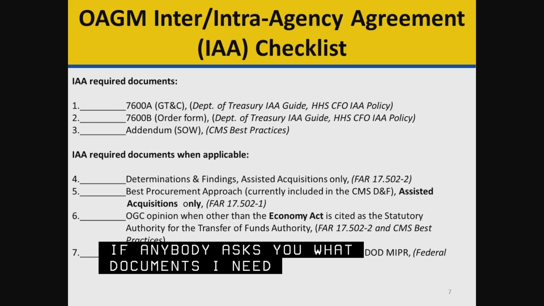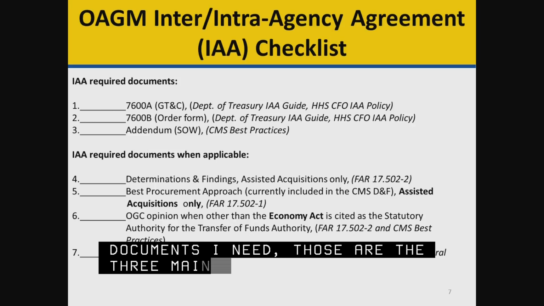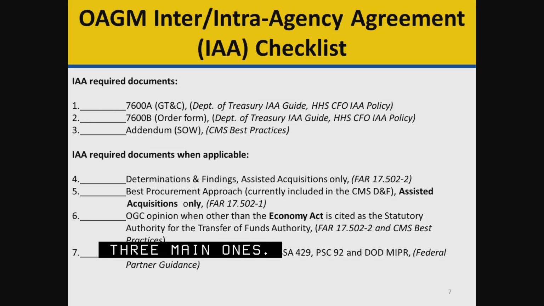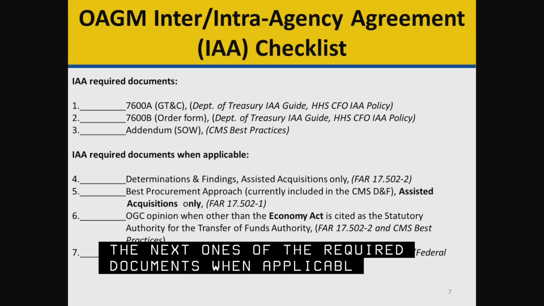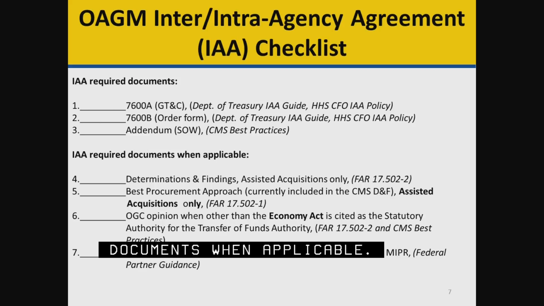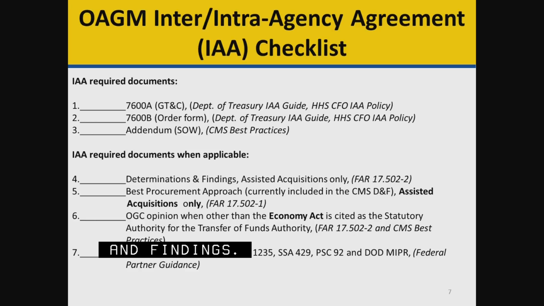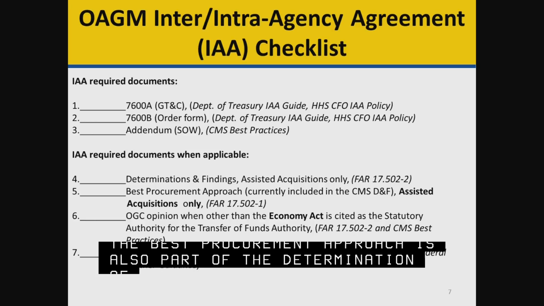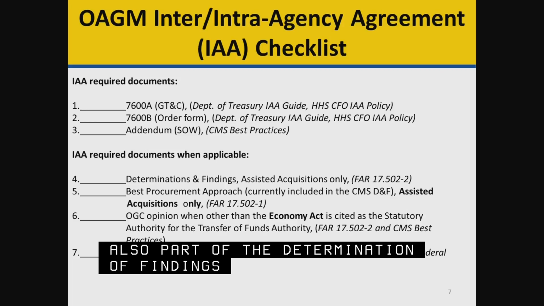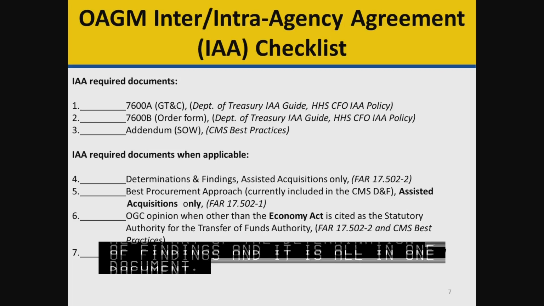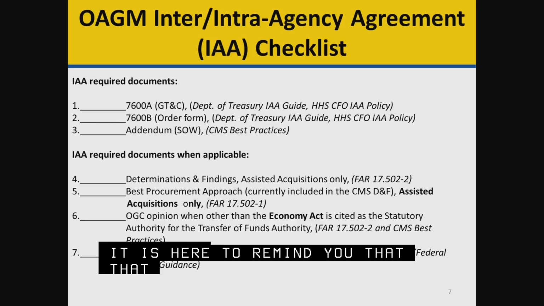Now the next ones are the required documents when applicable. When applicable, you might need determinations and findings for assisted acquisitions over 500,000. The best procurement approach is also part of the determination of findings, and it's all in one document. But it's just here to remind you that that is part of the determinations and findings document.